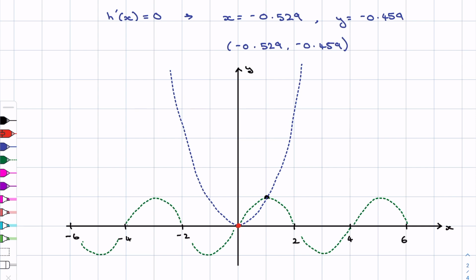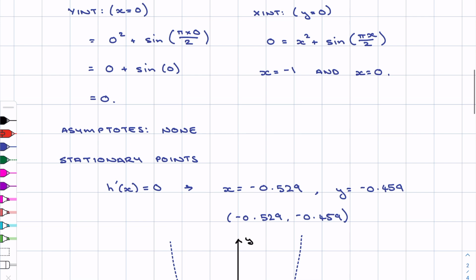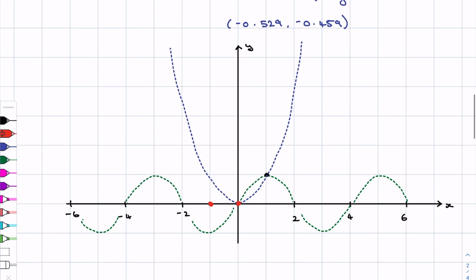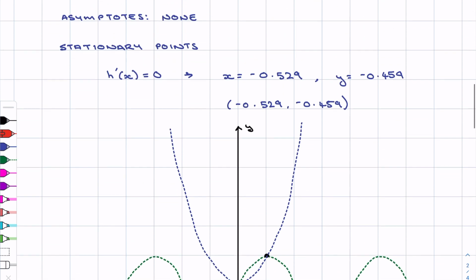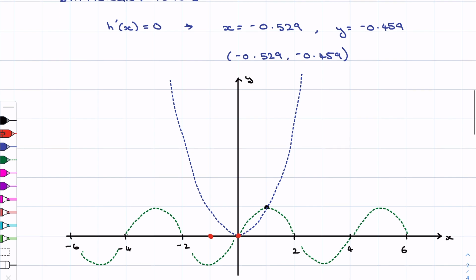I'm going to put my x-intercept in here. Okay, so there's my y and x-intercepts. And then I don't have any asymptotes, however, I do have importantly a stationary point here. And I can safely assume that h(x) is going to have a region of the graph that looks like that.